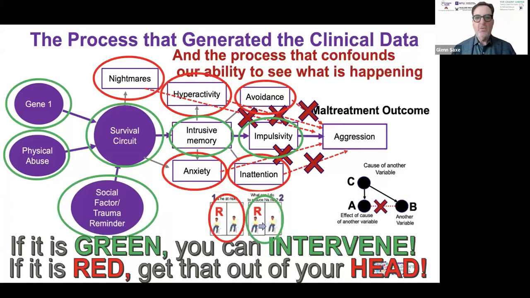And again, red is predictive. You could know about risk from red. It's not unimportant, but it completely misguides you about intervention to change anything. And that becomes so important.